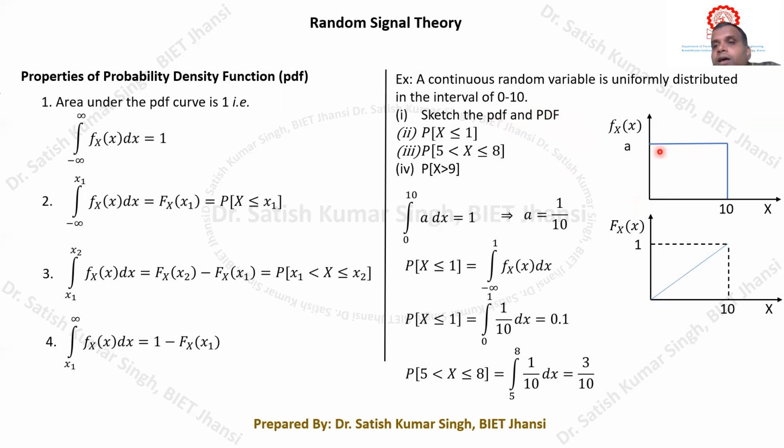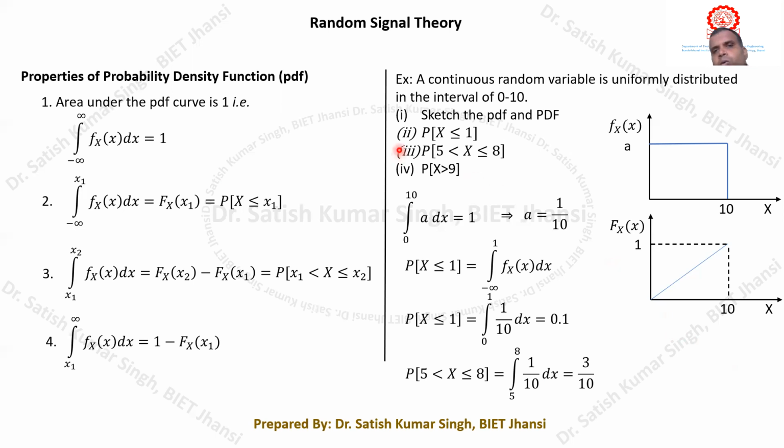So we have to integrate this function to get the probability distribution function. This is our constant. If you integrate it, you are going to get this linear line, and obviously this magnitude will become 1, and this goes up to 10. So this is straightforward to calculate. You can calculate both the small pdf and the capital PDF.